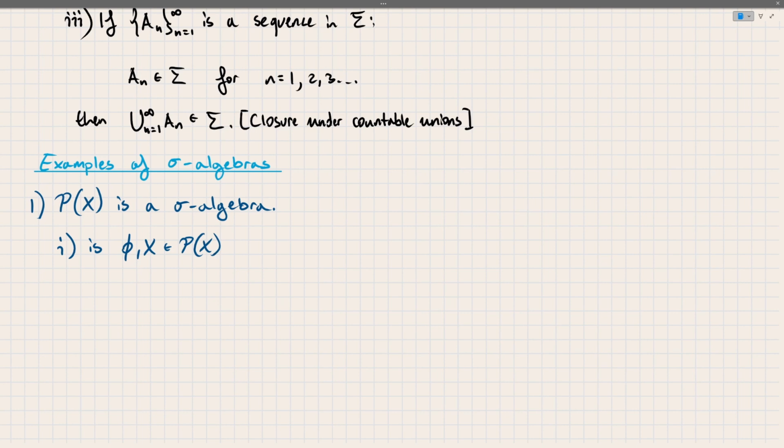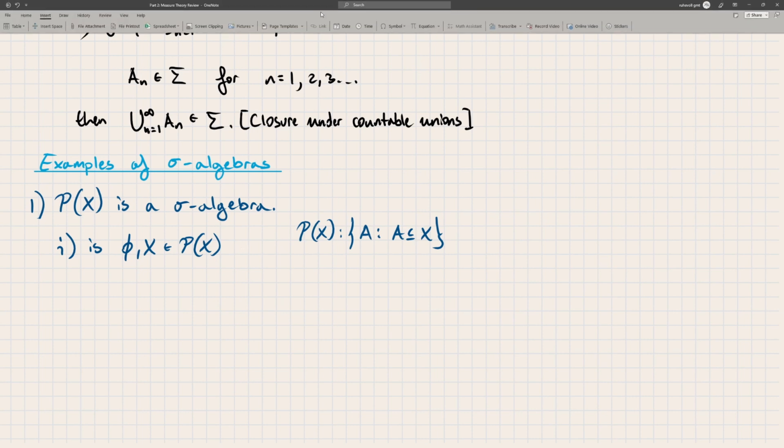Well, if you literally write the definition, the power set of X is all sets A such that A is a subset of X. So to verify this, we just have to ask ourselves, is the empty set a subset of X? Yes. So the empty set is an element of the power set. Is X a subset of itself? Yes, so X is an element of the power set.